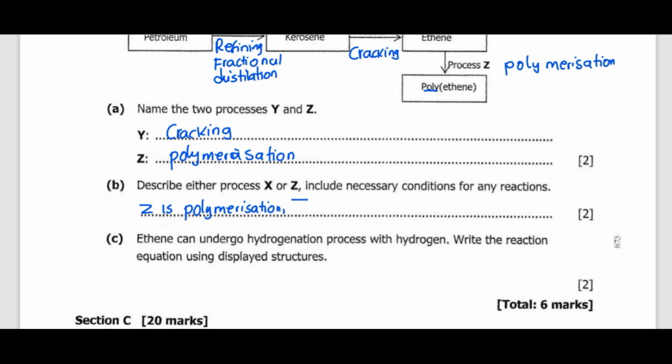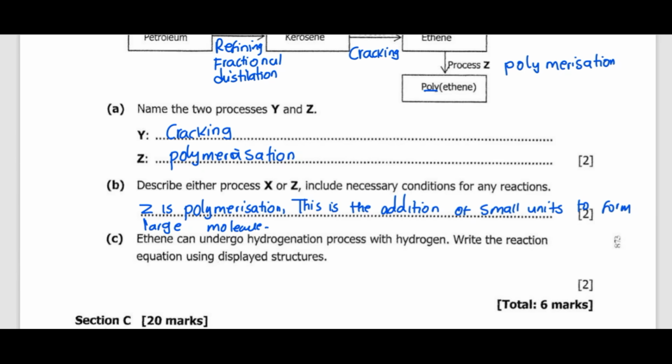Then we'll say this is the addition of smaller units known as monomers to form a large molecule called a polymer.